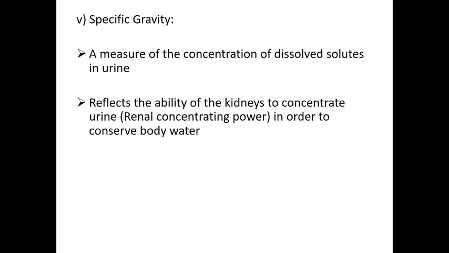Next thing we would check for is the specific gravity. So specific gravity is a measure of the concentration of dissolved solutes in urine. So specific gravity therefore reflects the ability of the kidneys to concentrate your urine. That is called the renal concentrating power. So why do the kidneys need to concentrate the urine? That is to conserve body water.